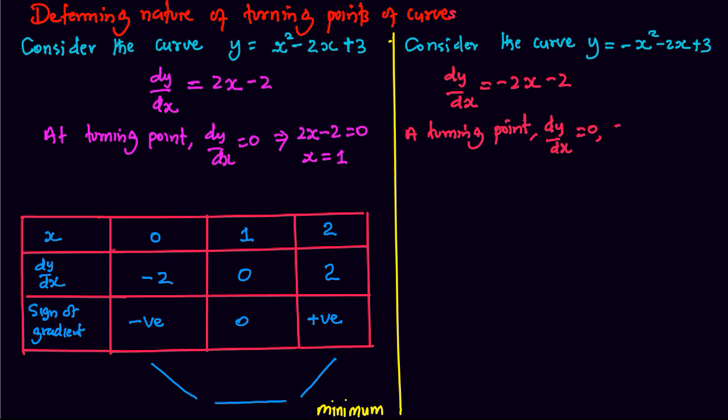So that means negative 2x minus 2 is equal to 0. X will be negative 1 at the turning point.